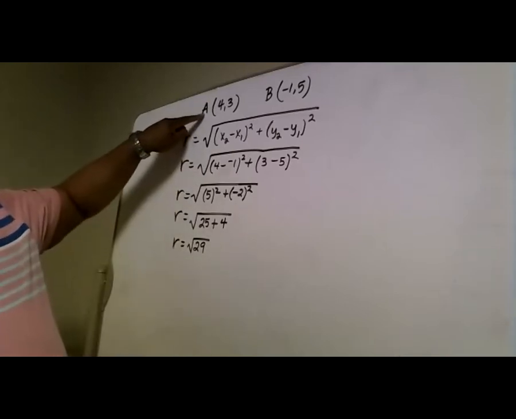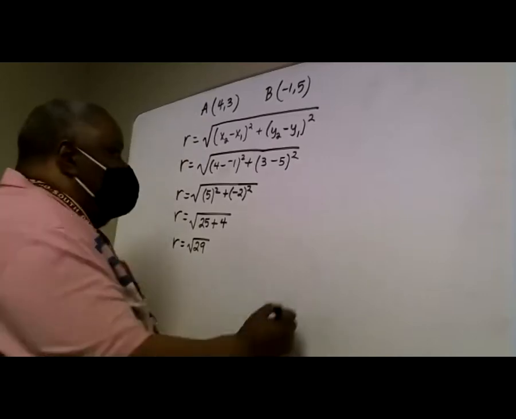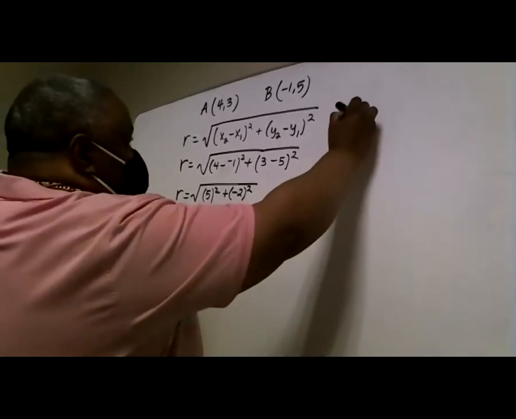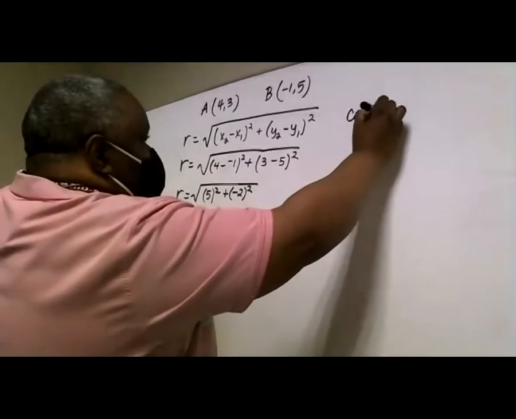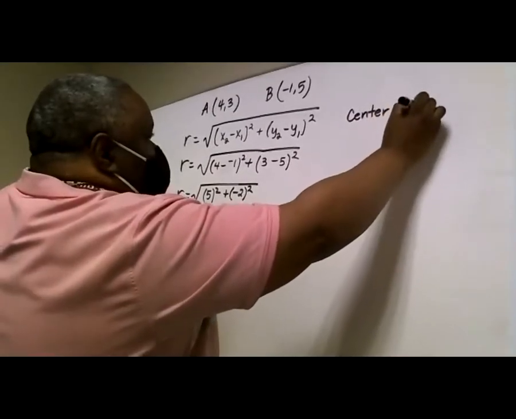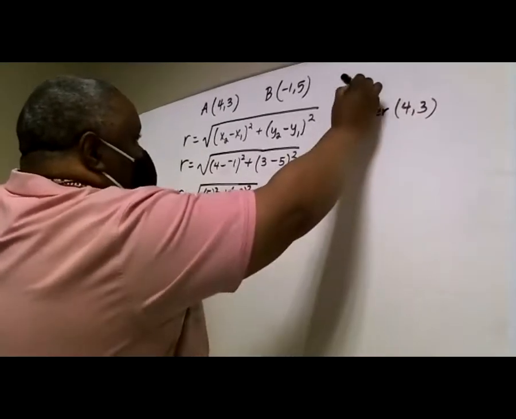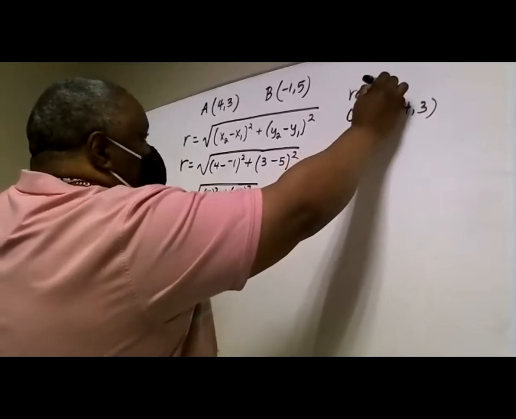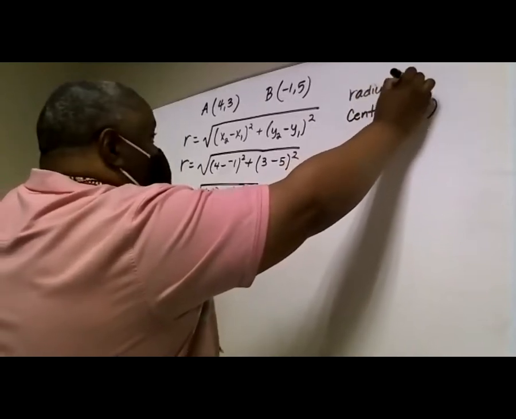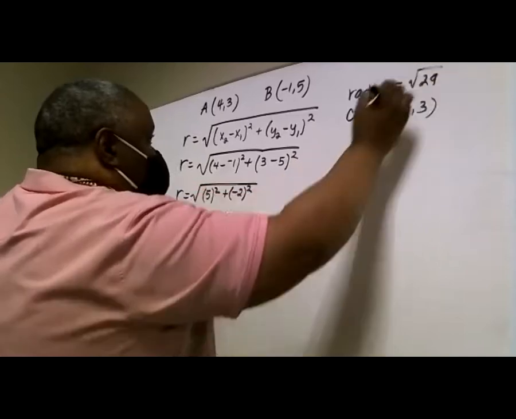Now that 4, 3, that was in the middle of that circle, that's the center. And I have my radius of the square root of 29.